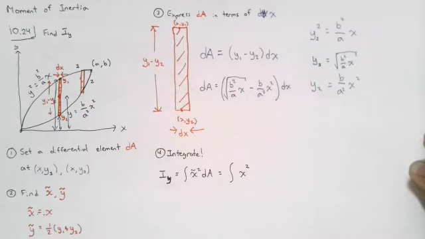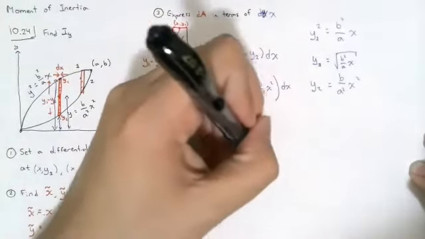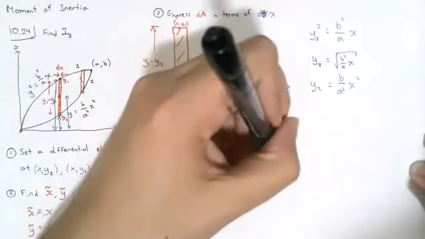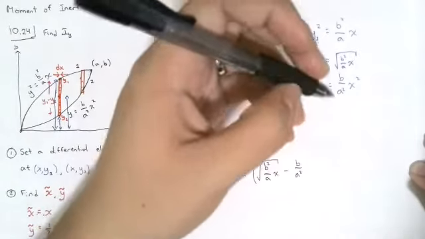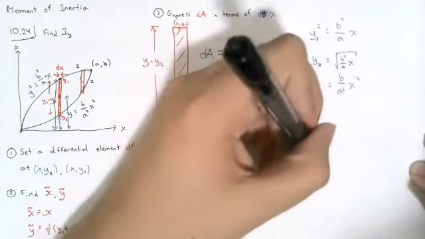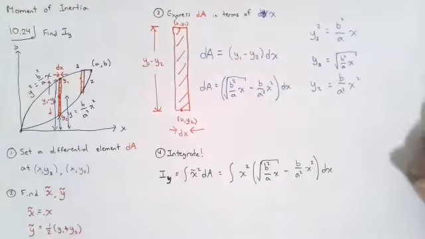So we can write this down as the square root of b squared over a times x minus b over a squared x squared, dx. So at this point, we're just replacing numbers, right? Plugging numbers in and solving.